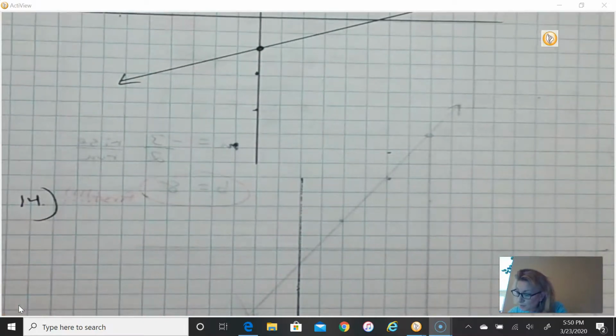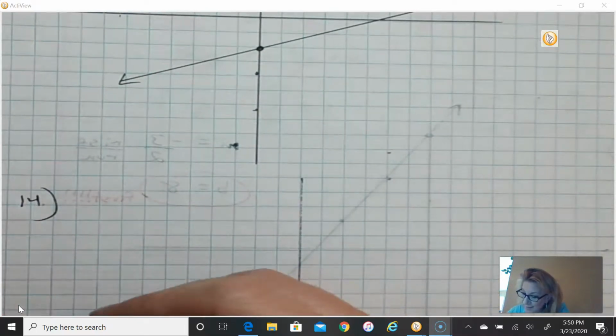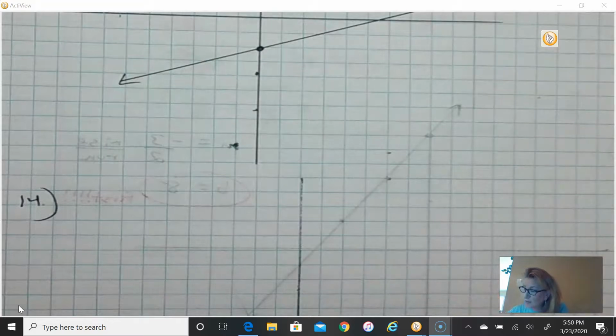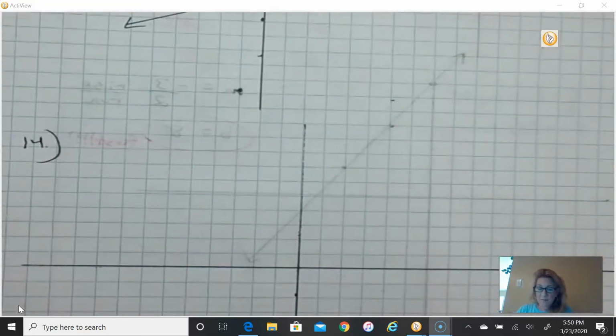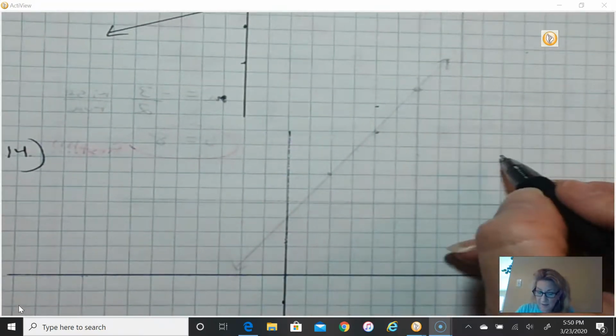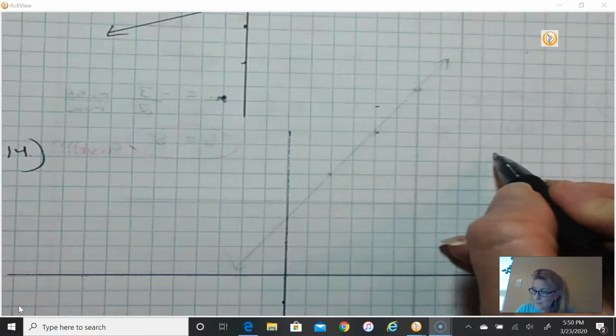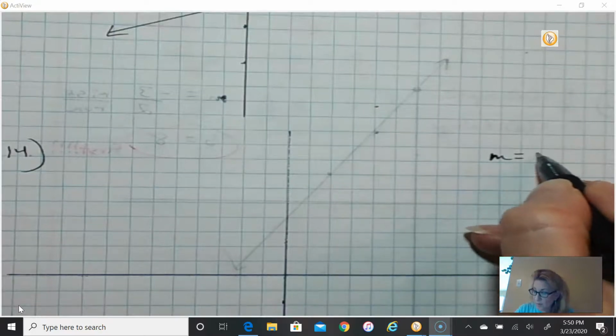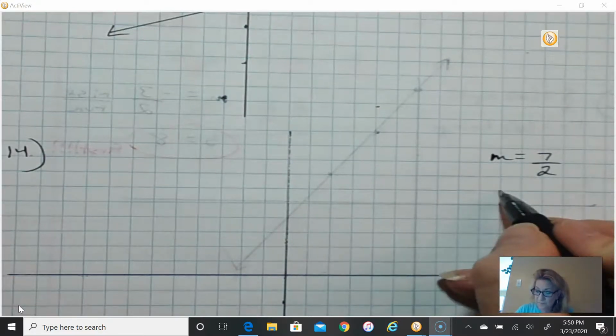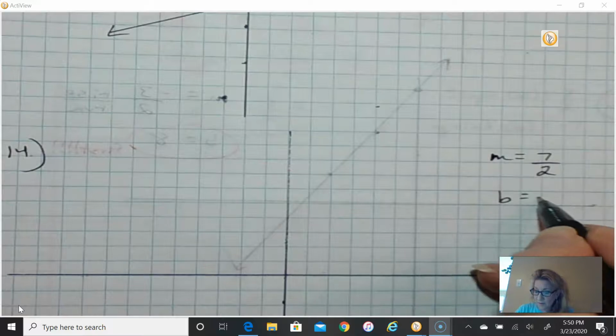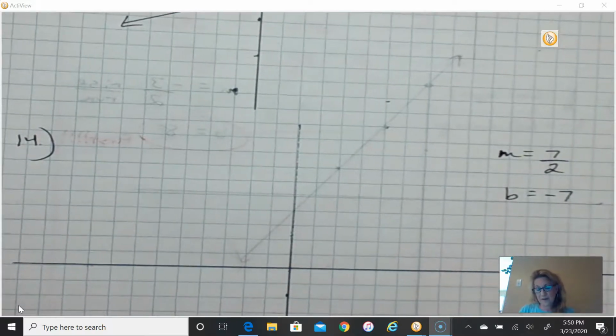Yes, boys and girls, you are using rulers or any straight edge that you can find in your house. But you are doing it, okay? Because I want nice, neat slopes and whatnot. So there's your slope. There's your y-intercept. All right?